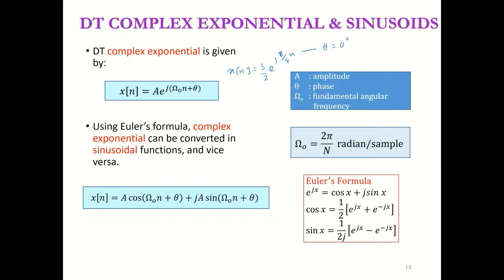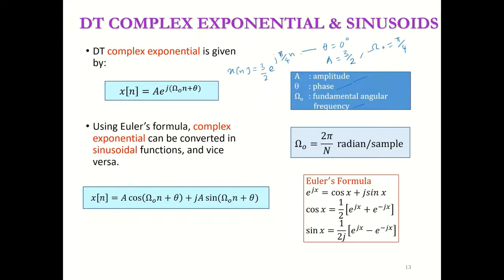And what is A? A is 3/2, and omega naught is actually π/4. Okay, so now we know that A is the amplitude, theta is the phase, omega naught is the fundamental angular frequency. So that's all for DT complex exponential.